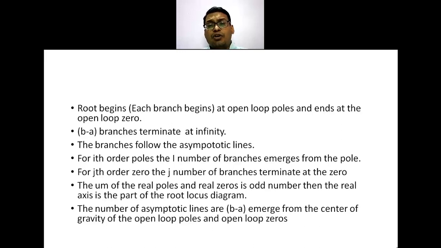For jth order zeros, j number of branches terminate at the zero. If the sum of the real poles and real zeros is an odd number, then that part of the real axis is part of the root locus diagram. The B minus A asymptotic lines emerge from the center of gravity of the open loop poles and open loop zeros.